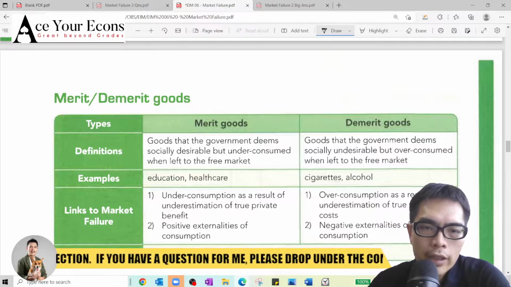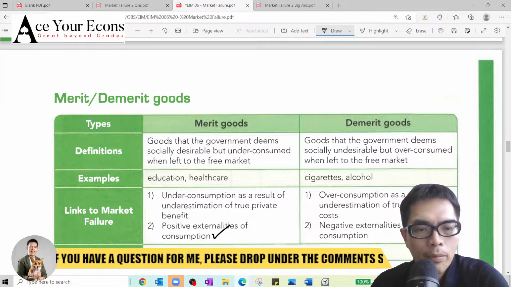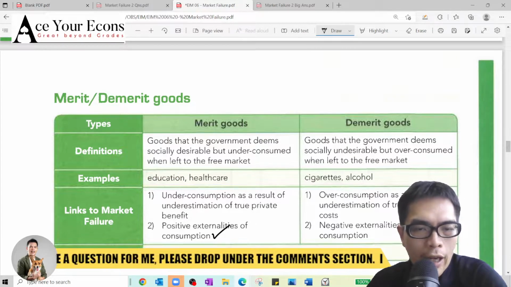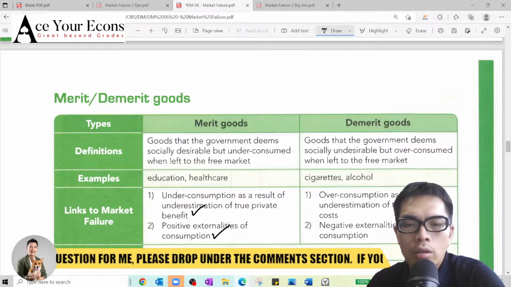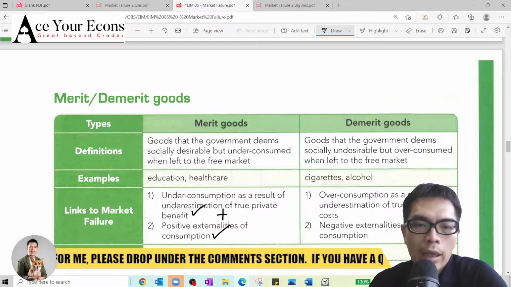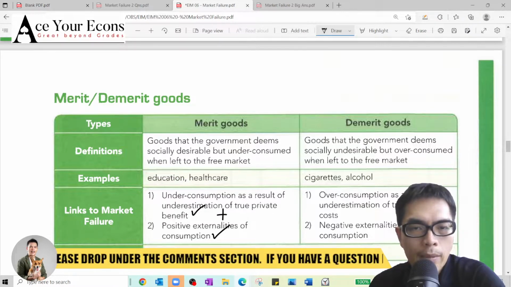If it is a merit good, you have to exhibit positive externality of consumption together with underestimation of true benefits. These two must be present. If either of these two conditions is not present, we cannot call this a merit good.